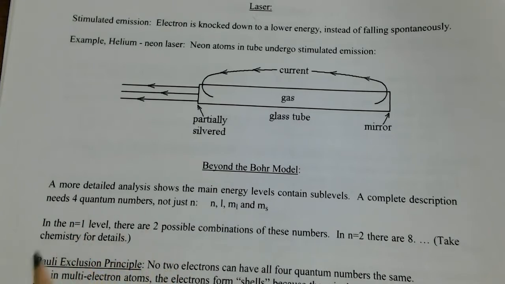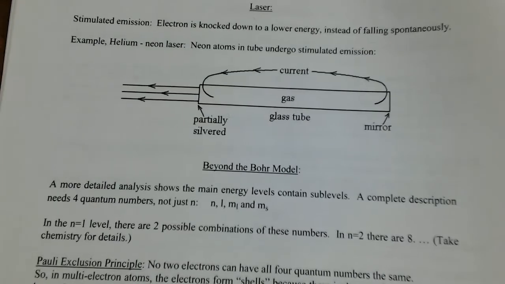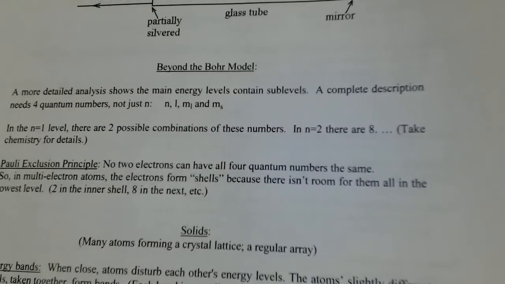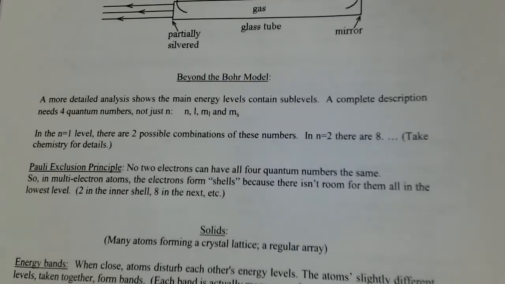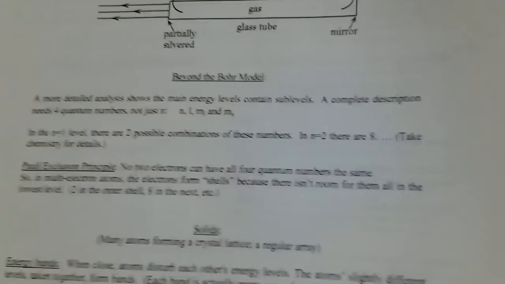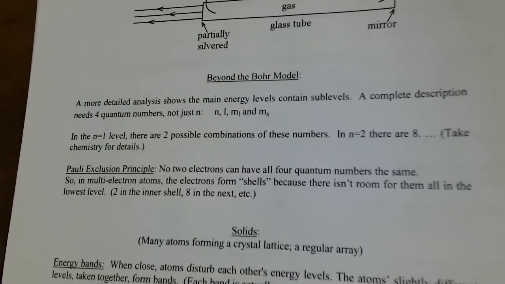Take chemistry for details. But there's this thing called the Pauli exclusion principle, which says that no 2 electrons in an atom, and it's actually not just electrons, other particles, protons and neutrons, for example, also obey the exclusion principle. But at the moment, we're talking about electrons.